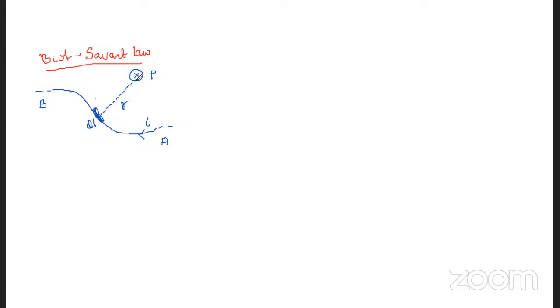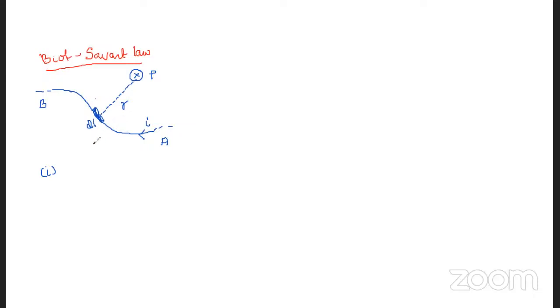What are those factors? The first factor is that dB is directly proportional to the current I flowing through the conductor.